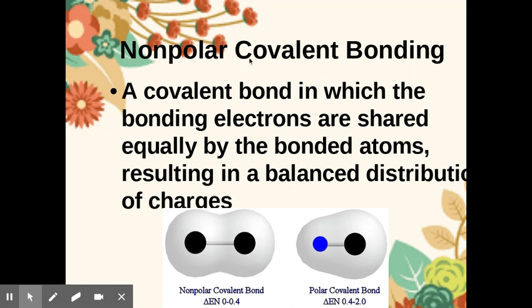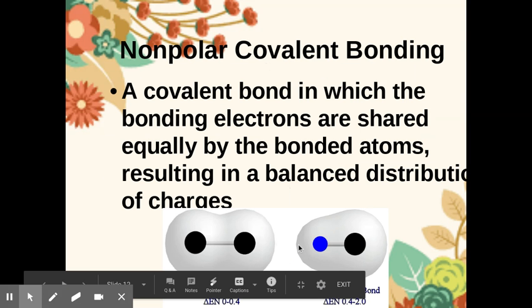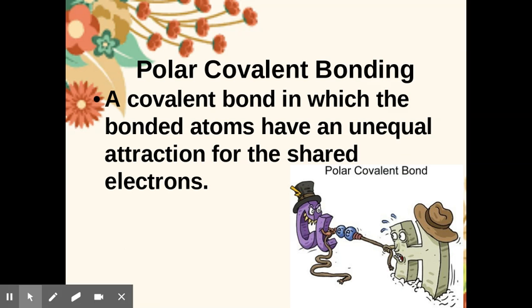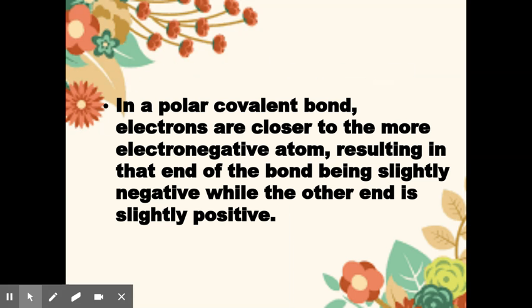If the atoms share those equally, there's not that pull, and we don't have a positive end and a negative end, then it's considered to be a nonpolar covalent bond. Here we can see chlorine and hydrogen are fighting over those electrons. In polar bonding, they're shared unevenly, and in nonpolar, they're shared evenly.